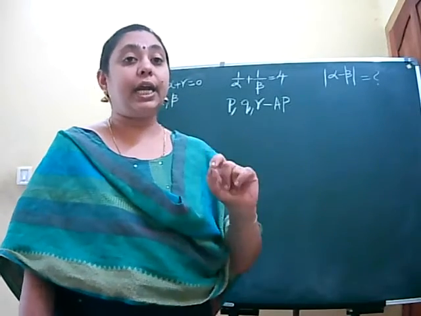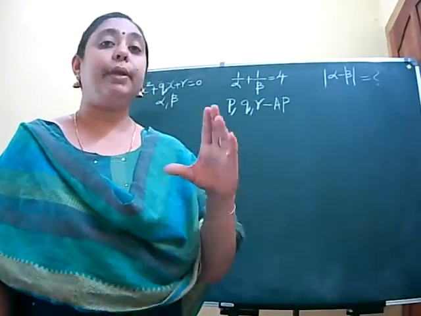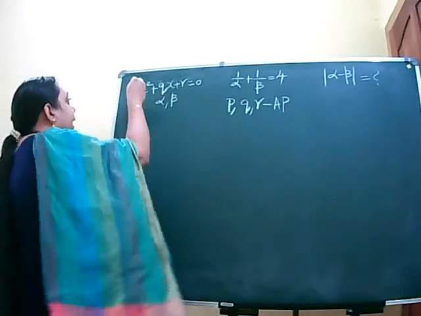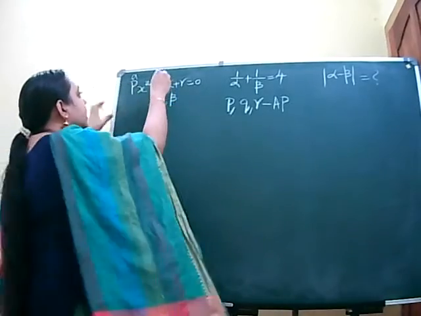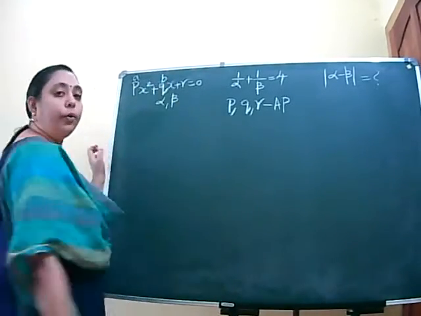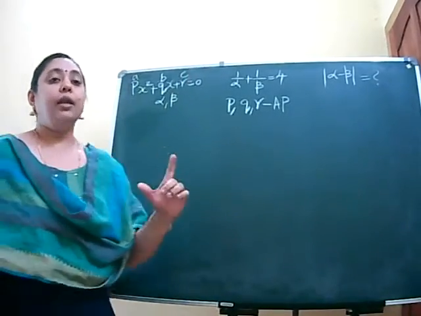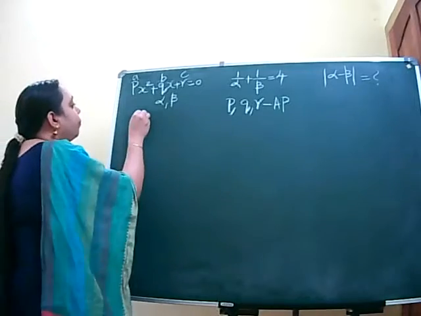Comparing with the standard form of a quadratic equation, ax square plus bx plus c is equal to 0, here a is equal to p and b is equal to q and c is equal to r. Then we find out the sum of the roots, that is alpha plus beta.